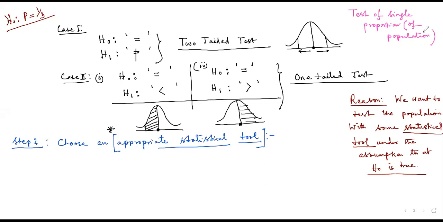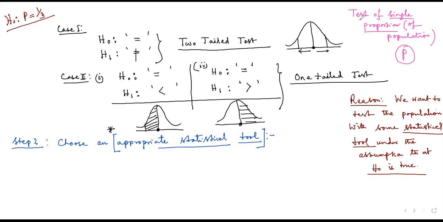So test of single proportion is the test that I'm actually going to show you over here. And the word single proportion actually means I'm talking about capital P, which is the population proportion, and only a single parameter is being chosen.